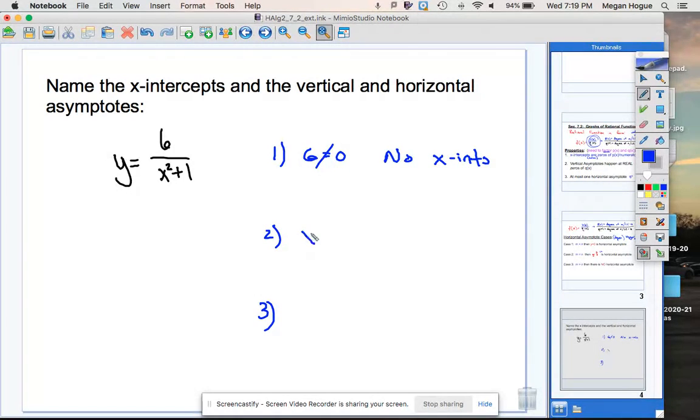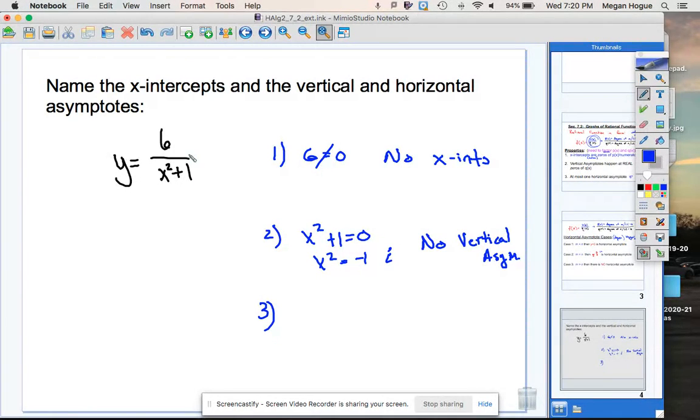Then we take the bottom and set it equal to 0. So x squared is equal to negative 1. That's going to be imaginary, so we don't care about that. That means no vertical asymptotes.